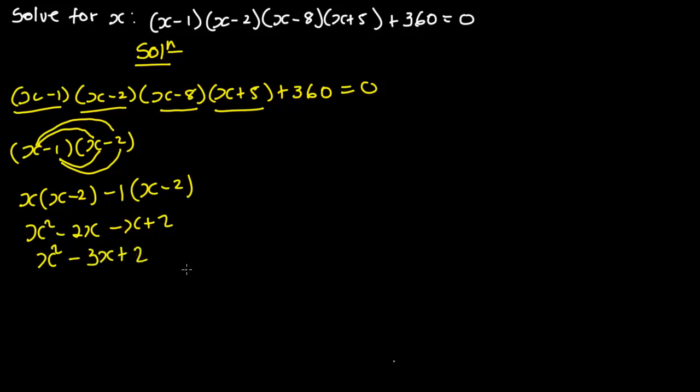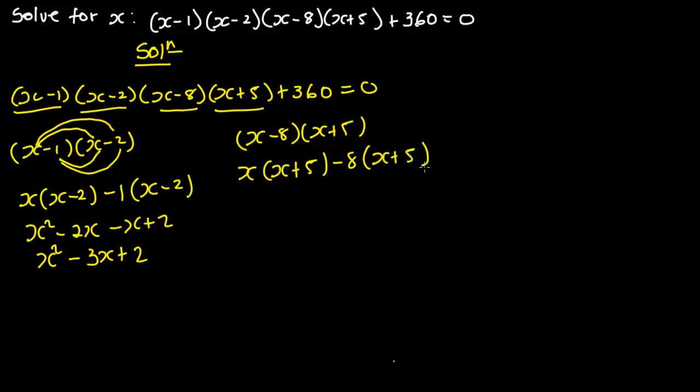Now let us consider (x - 8) and then (x + 5). So we have x - 8 and then x + 5. We are going to do the same. We are going to multiply x by this bracket and then negative 8 also by this bracket. So we are going to have x(x + 5) - 8(x + 5).